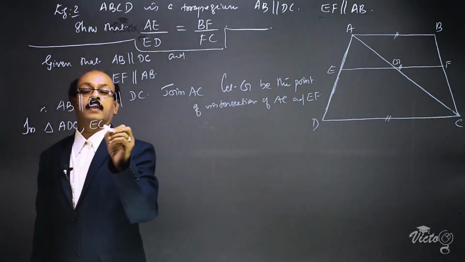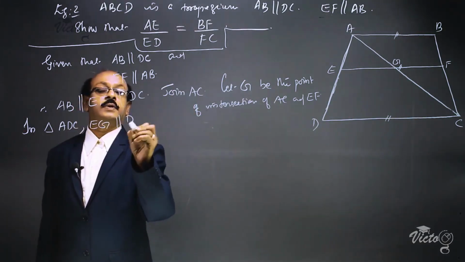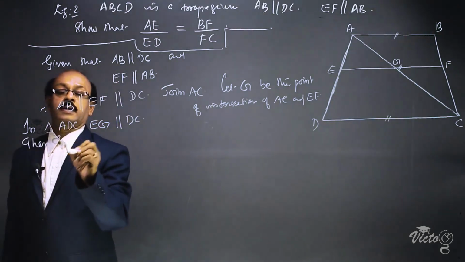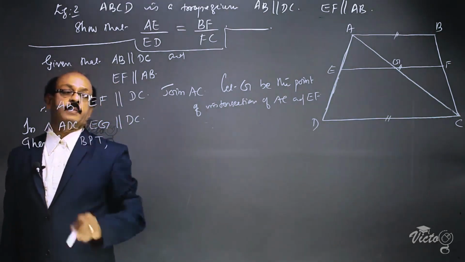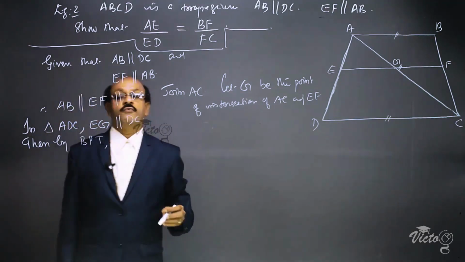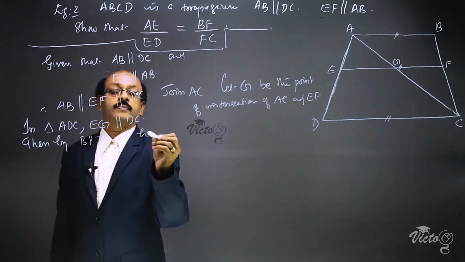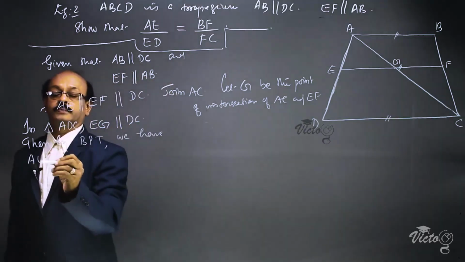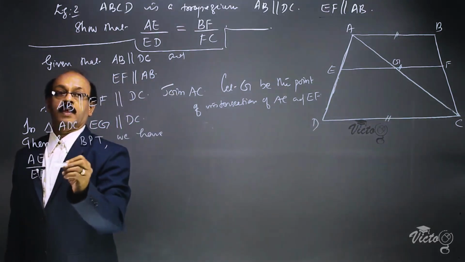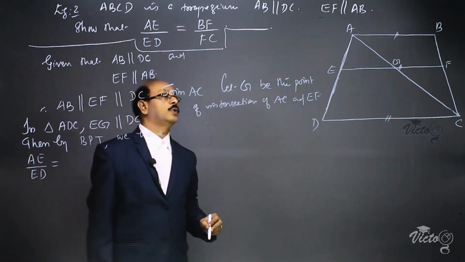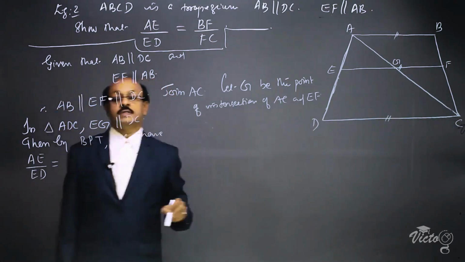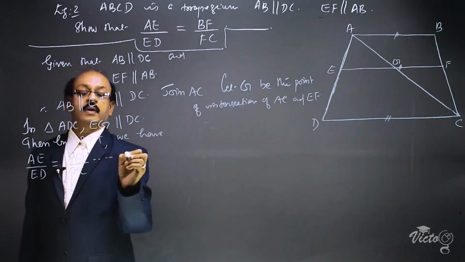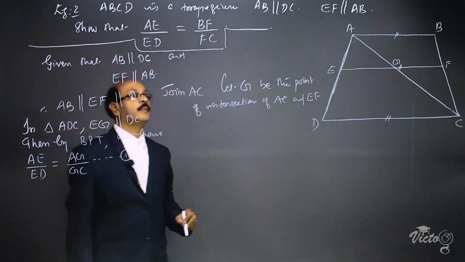Then by the basic proportionality theorem, we have AE by ED is equal to AG by GC. Equation number 1.